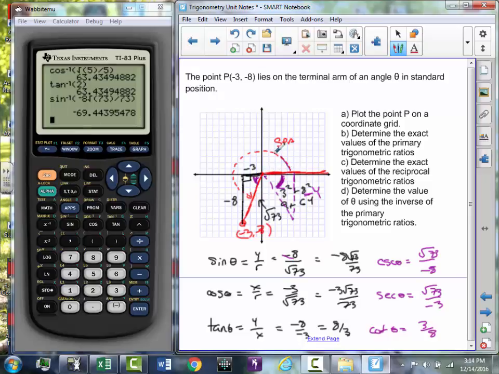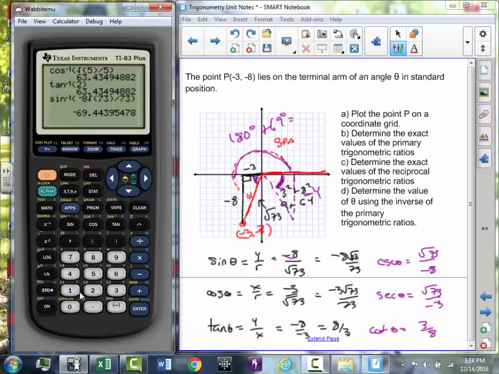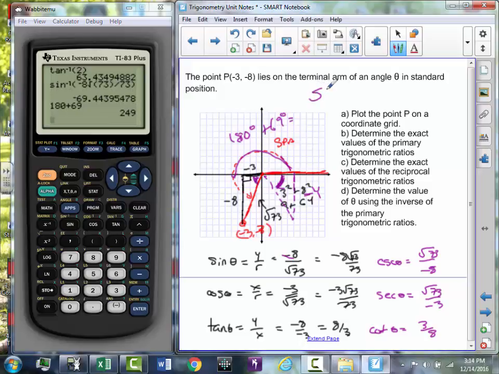So if you want to know all the way around, take 180 degrees, because 180 would get you to here, right? And add 69 more. Now we know our angle. 180 plus 69 degrees means my standard position angle would have been, give or take, 249 degrees.